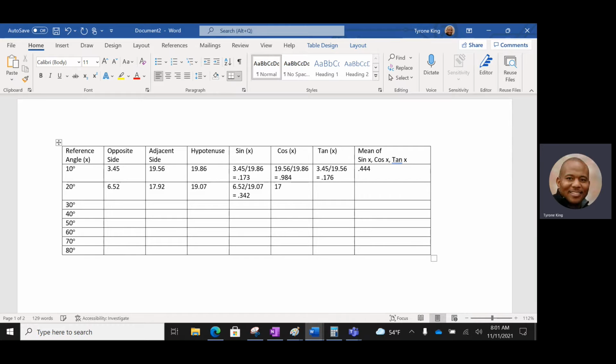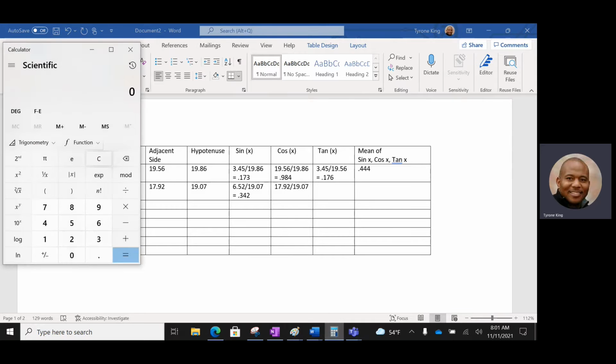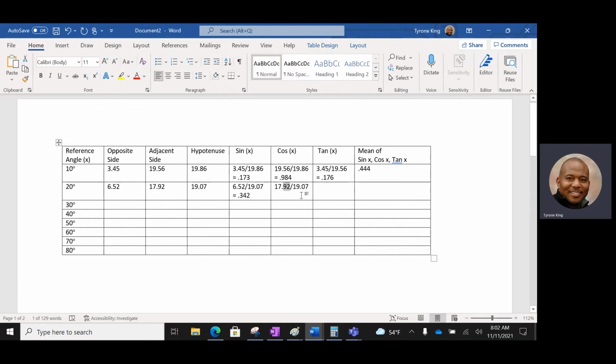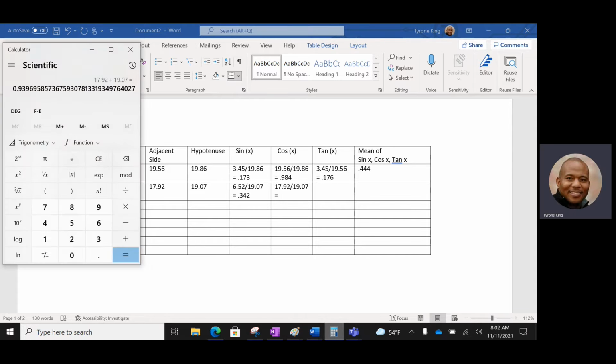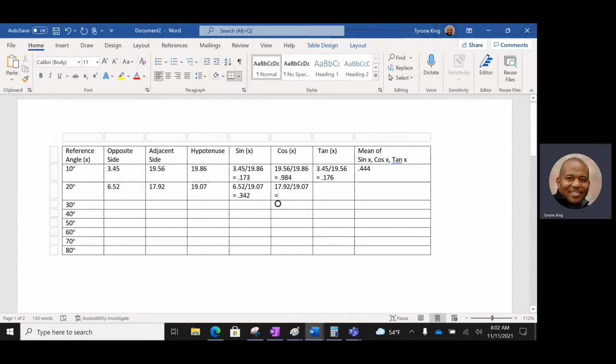So I'm going to do 17.92 divided by 19.07 on the calculator. 17.92 divided by 19.07 equals 0.939, so about 0.940 if I rounded it.